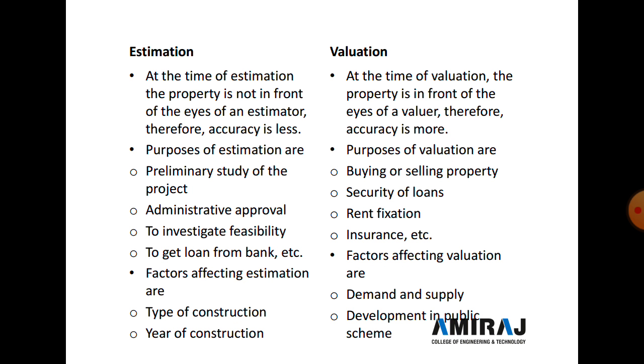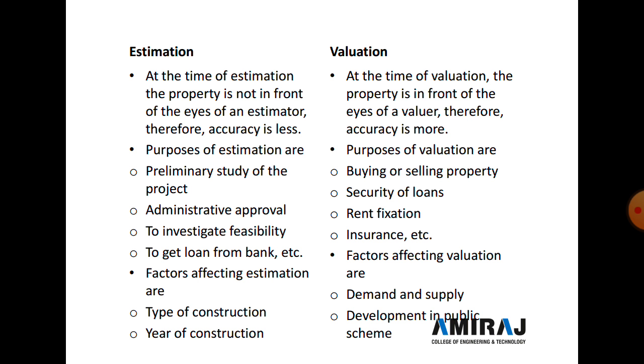Now next is the estimation. At the time of estimation the property is not in front of the eyes of the estimator, therefore accuracy is less. And at the time of valuation the property is in front of the eyes of the valuer, so the accuracy is more. The purposes of estimation are a preliminary study of the project, administrative approval, to investigate feasibility, and to get a loan from the banks.